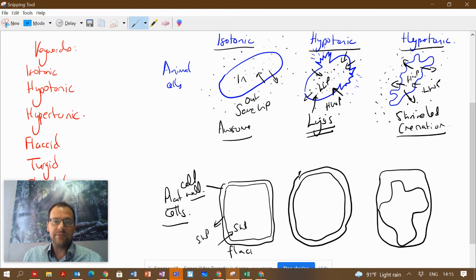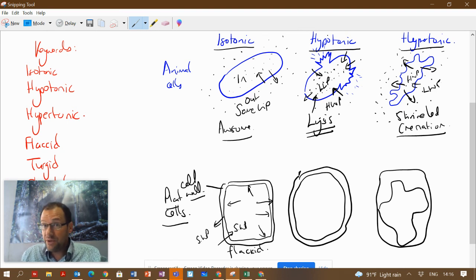The cells really are flaccid, so what I mean by that is there's not a great internal osmotic pressure on the inside of the cell. In an animal cell there's no cell wall. So this is a flaccid cell because it's in an isotonic solution.